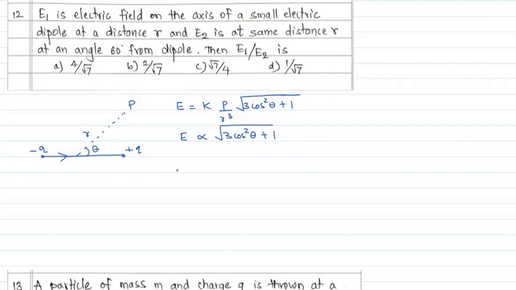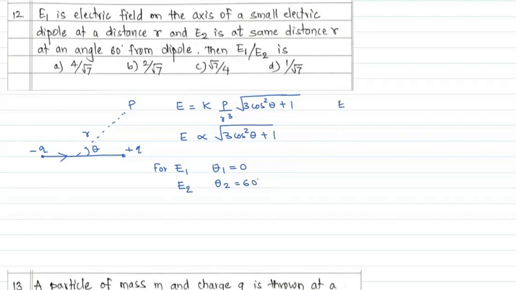Now for E1, it is on the axis of the dipole, so on the axis means theta is 0. For E2, theta is given, so theta 2 is equal to 60 degrees. You are required to find the ratio.